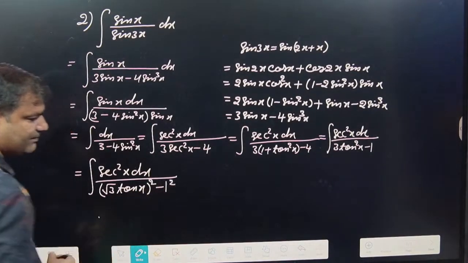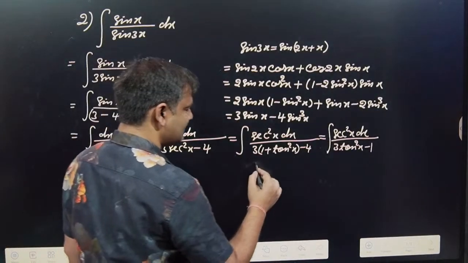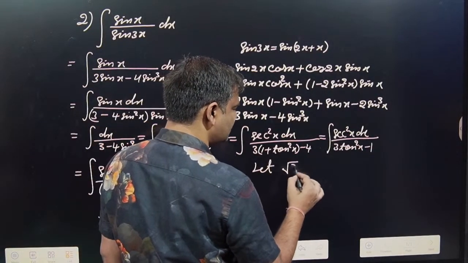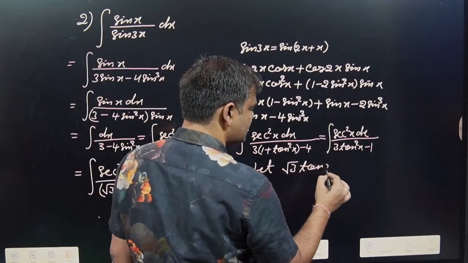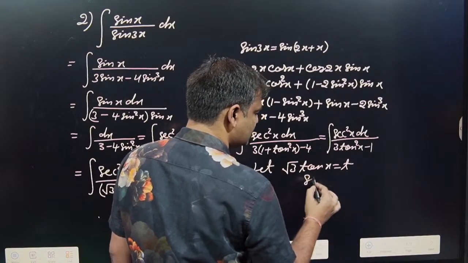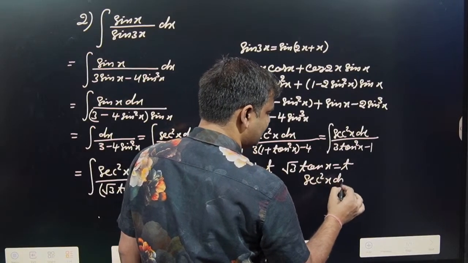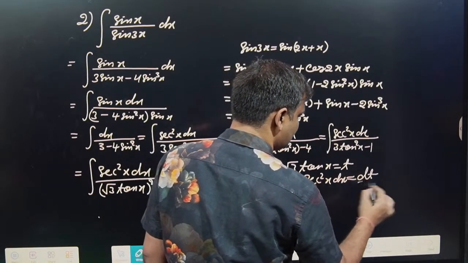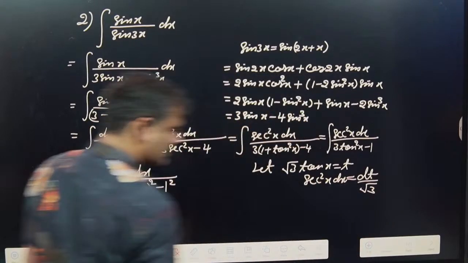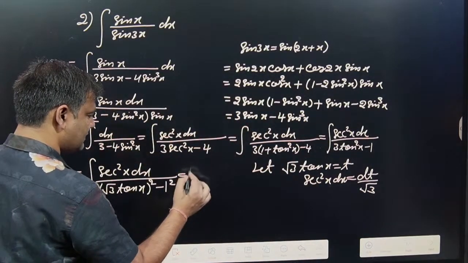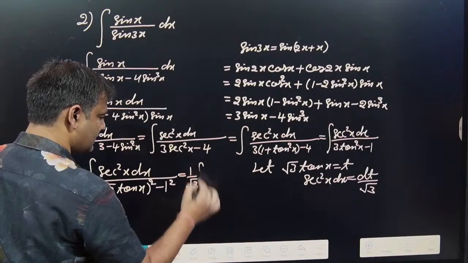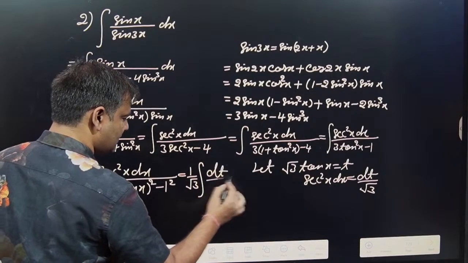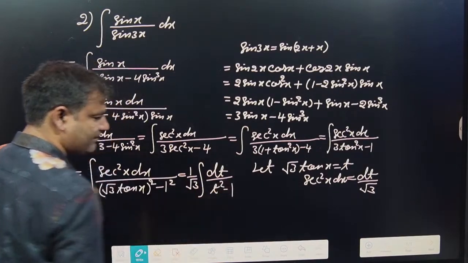After that, let root 3 tan x be t. So sec square x dx is replaced by dt by root 3. So that value put here, then we got 1 by root 3 into dt divided by t square minus 1.